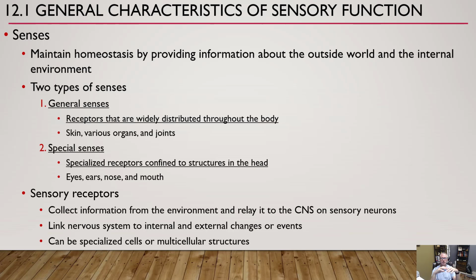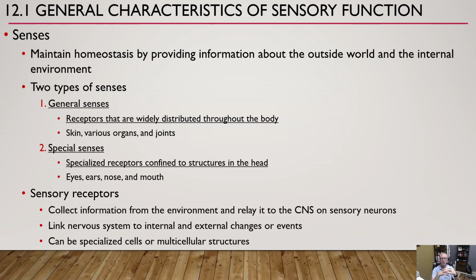General senses are those receptors that are located throughout the body. Special senses are structures that are really confined only to the head. Your special senses are eyes, ears, nose, and mouth.